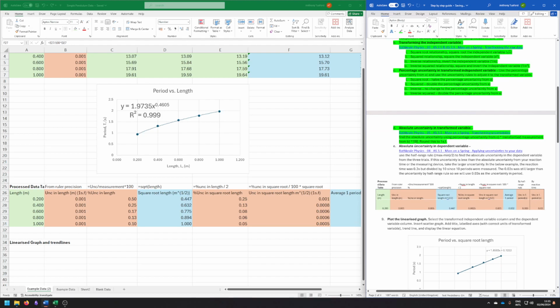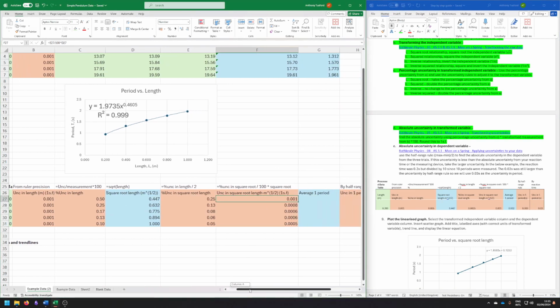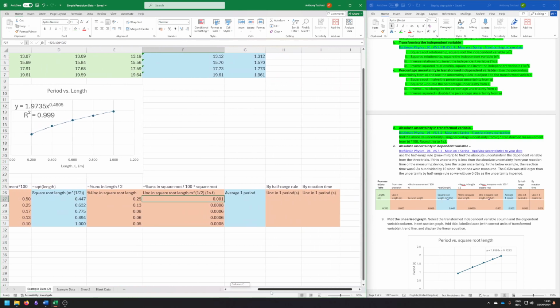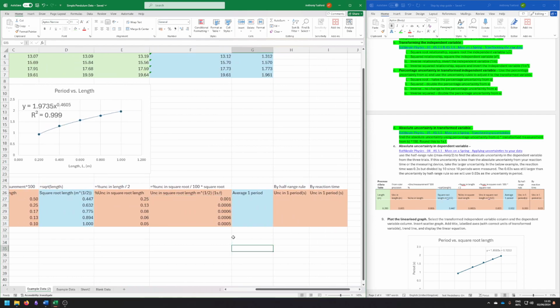Cool. All right, up next, we need to work out the uncertainty in the time period. So we've got the uncertainty in square root length. Now we need to focus on the vertical uncertainty, in time period. And there's two things we need to check.